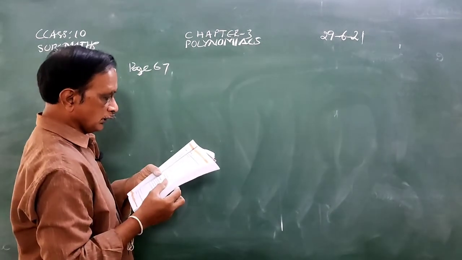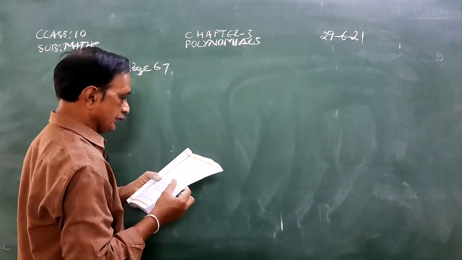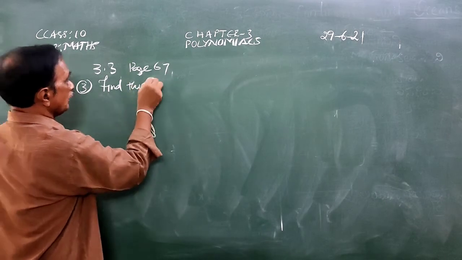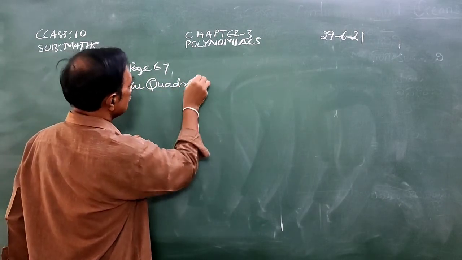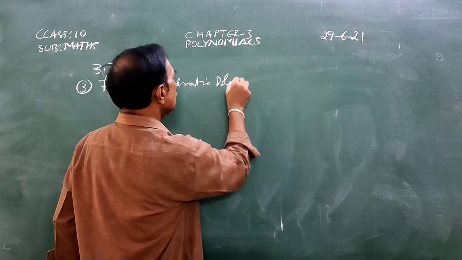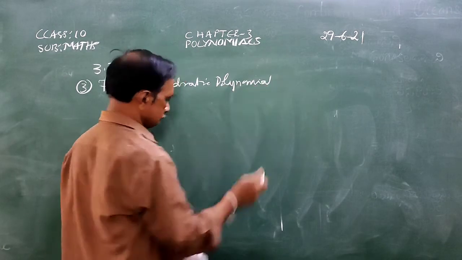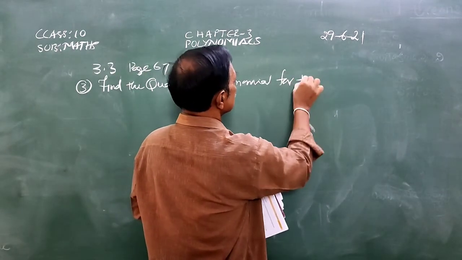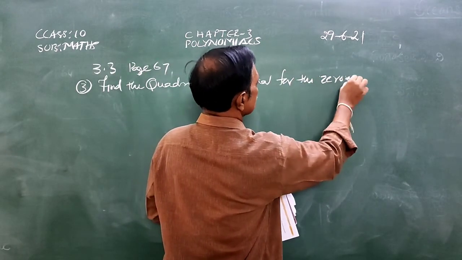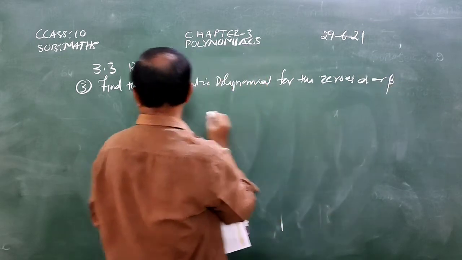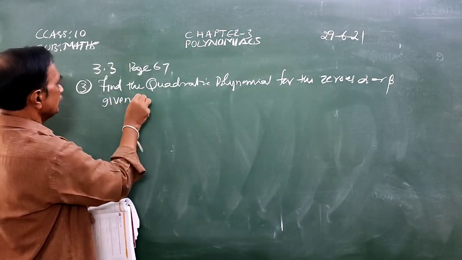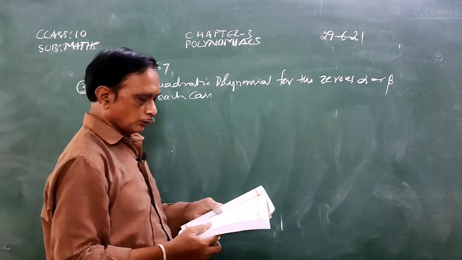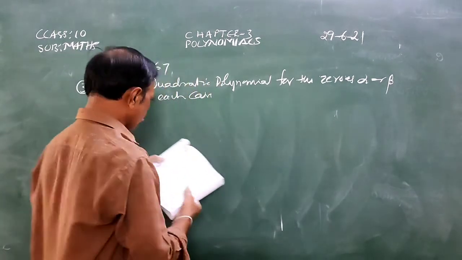Find the quadratic polynomial for the zeros alpha and beta given in each case. So we have 4 problems in this one. So I take the first one.